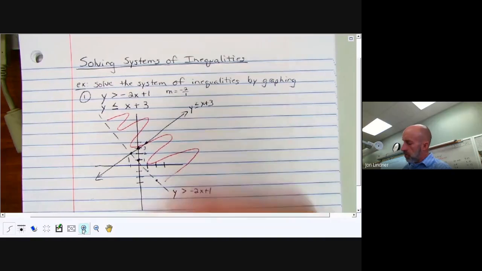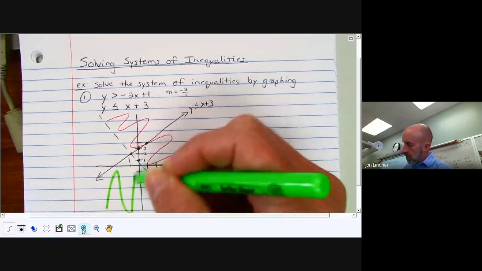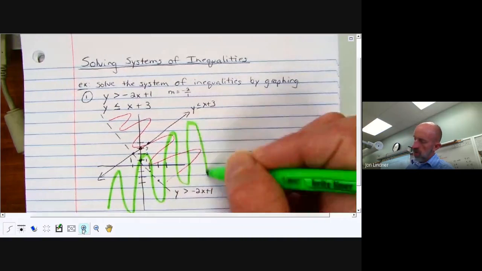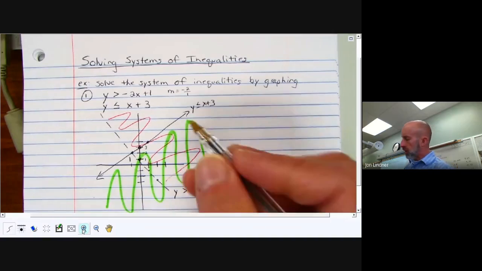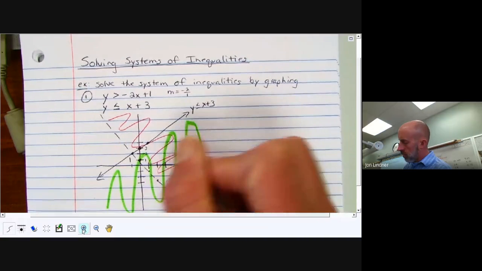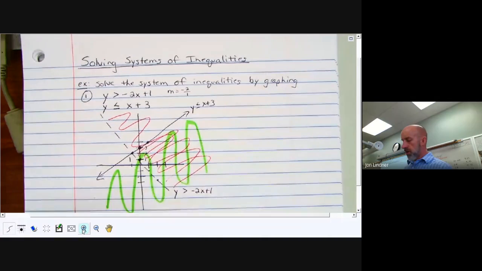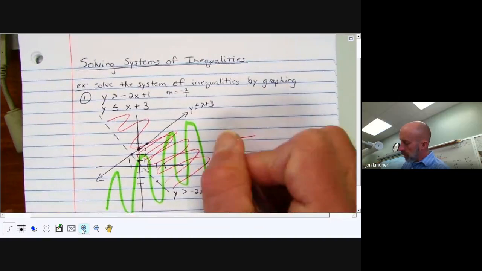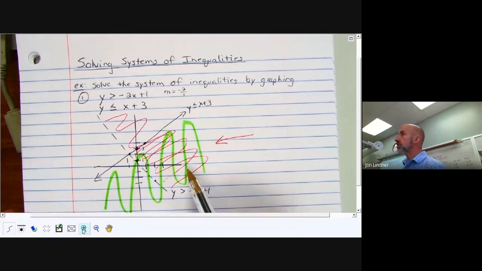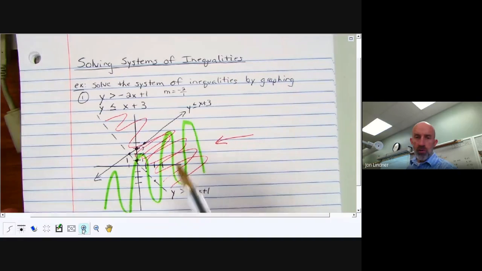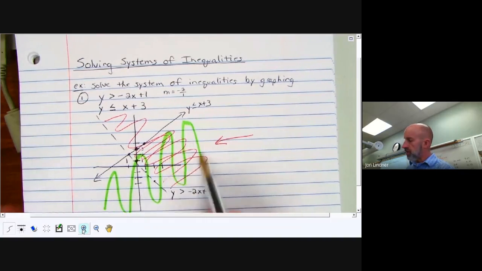So I shade below. Well, what's the answer? The answer is this place right here where we have both colors. See the overlap? See where the colors overlap right in here? All this area. This is the answer.